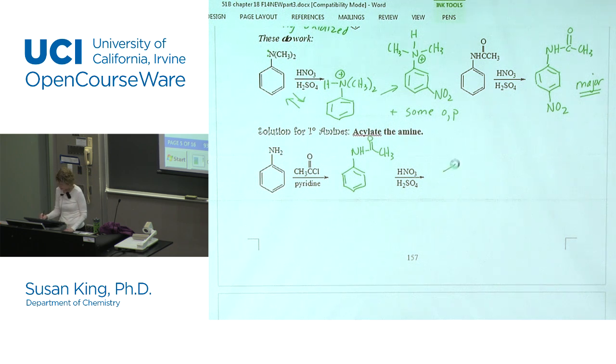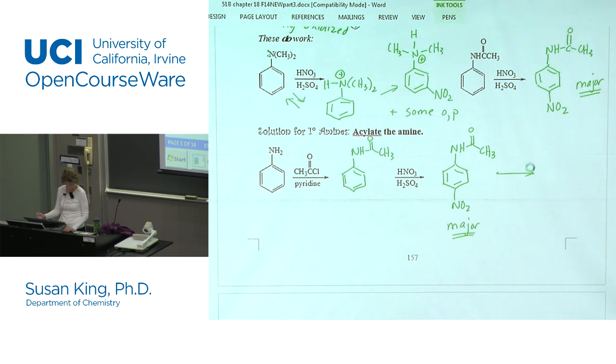And then we nitrate, and so then our nitro group is going to go on in the para position mostly. So this is going to be the major product.